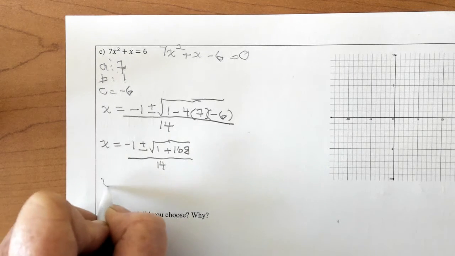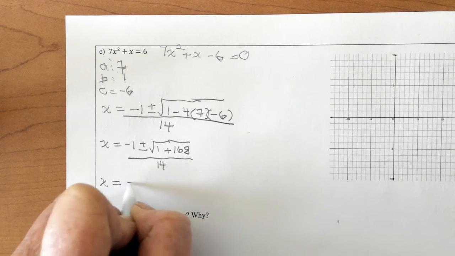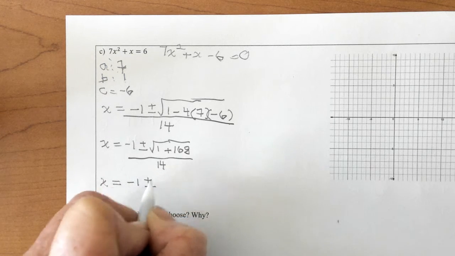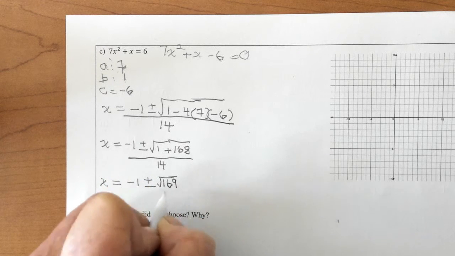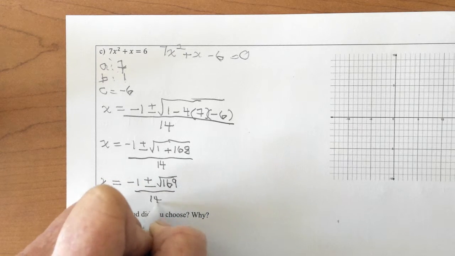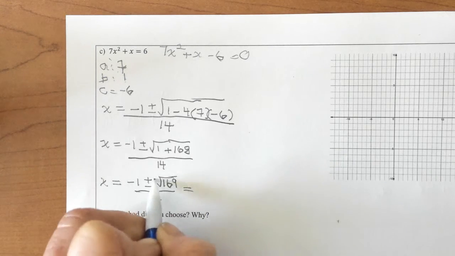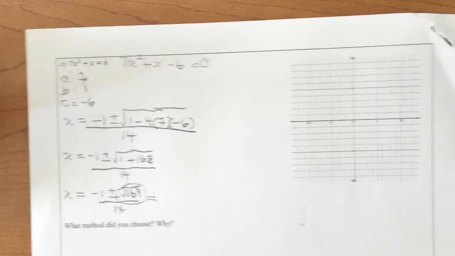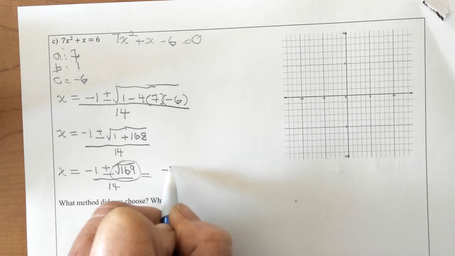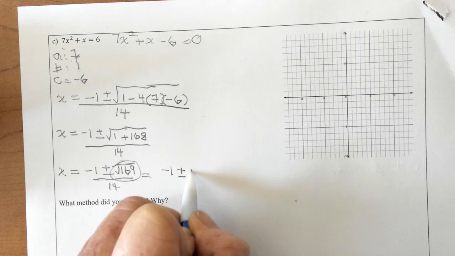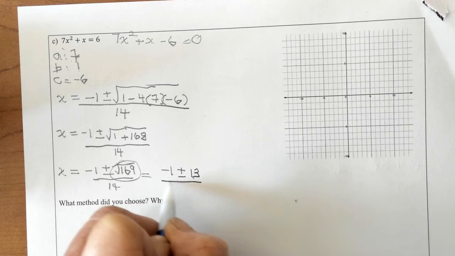Continue to simplify, which gives me negative 1 plus minus square root of 169 all over 14, which equals, oh man, I know that 169 is a perfect square, yay! So I'm going to rewrite this as negative 1 plus minus 13 all over 14.